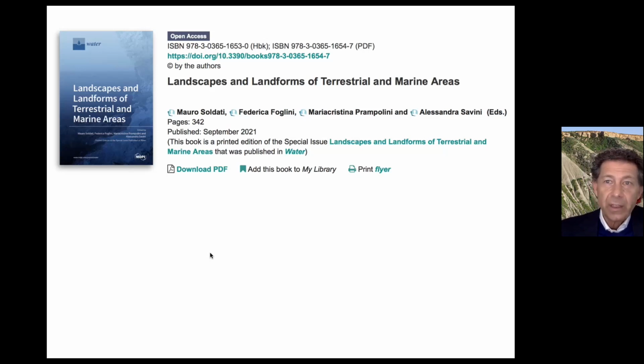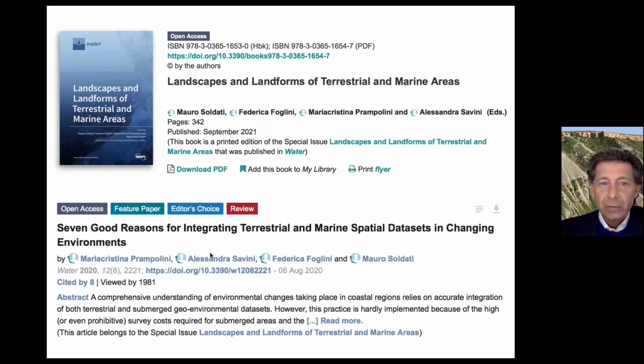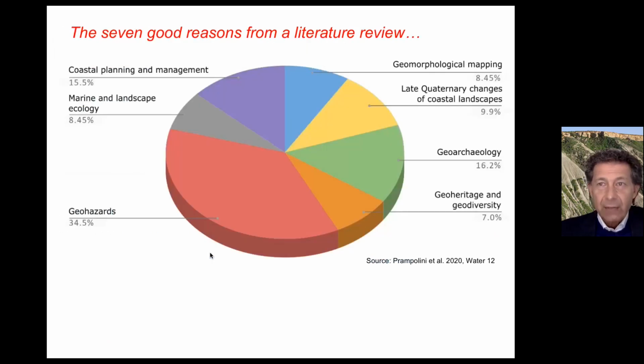We collected 15 papers in this special issue, and we as editors worked on the editorial that we entitled 7 Good Reasons for Integrated Terrestrial and Marine Spatial Data Sets in Changing Environments, also taking into account global and climate change. We realized from our literature review that geohazard played a major role.